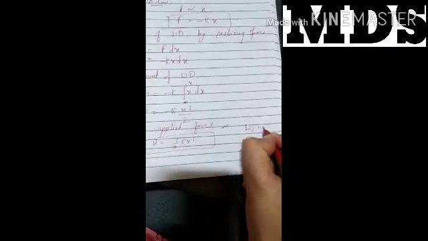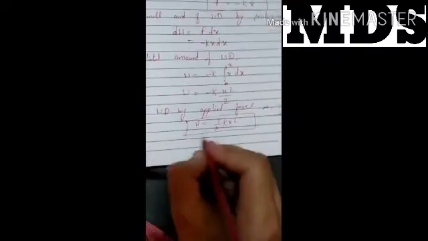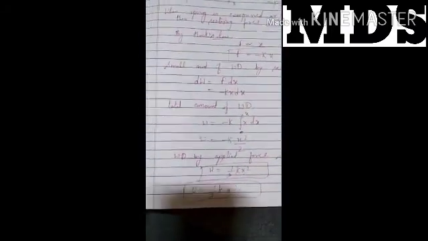Now this work done is stored in the form of energy, so the energy we can write as half kx square. Clear now? Complete up to this topic in your fair notebook. The next topic we will start in the next class.